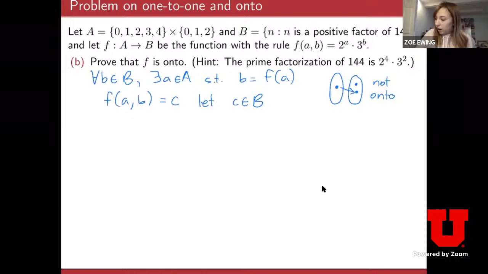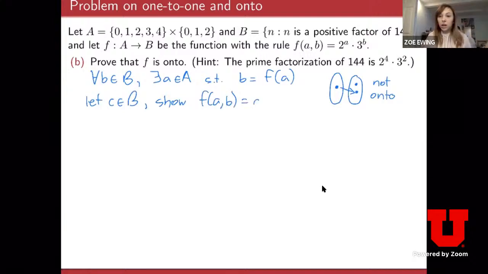I guess these are kind of actually reversed. Let's see here. I'm going to rewrite that to make it a little bit more clear. So we're going to let c be in the codomain, and we want to show that there is some a and b whose inputs map to this output. All right. So if c is in B, what does that mean about c?